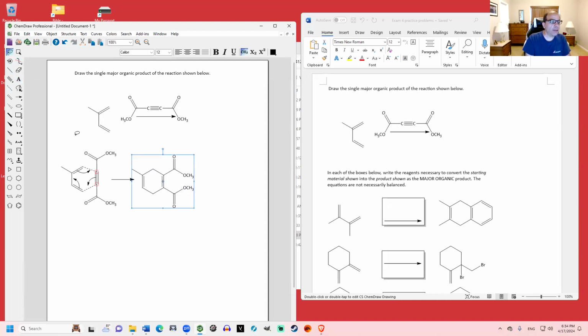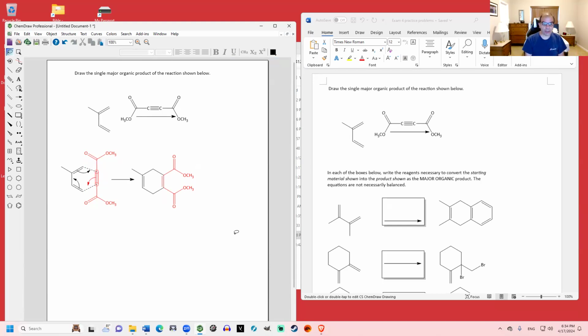And if it will help to color code it, let's color the dienophile red. And the atoms in the dienophile are right there. So there you go. There's the answer.